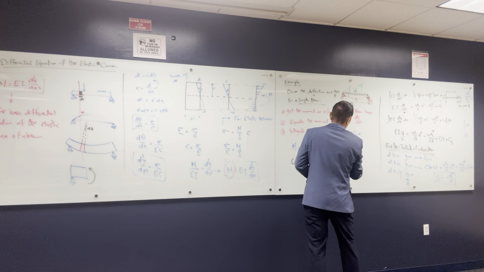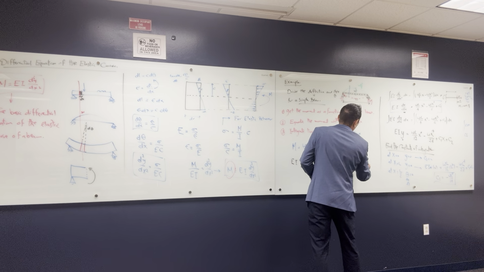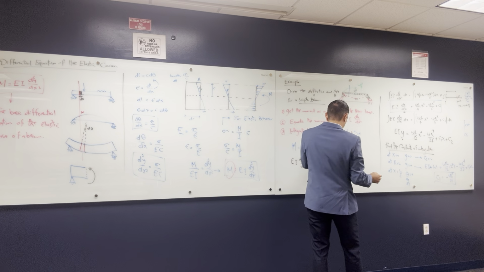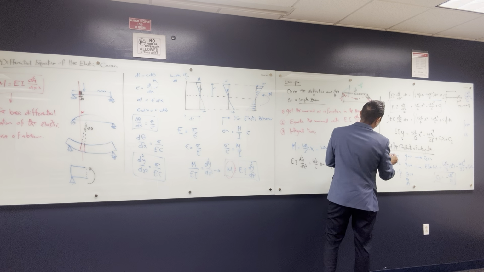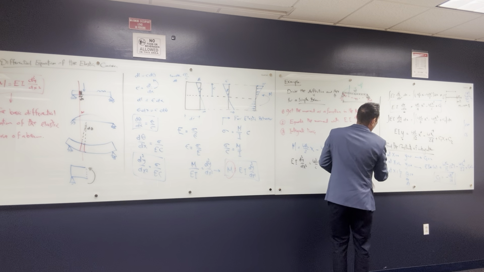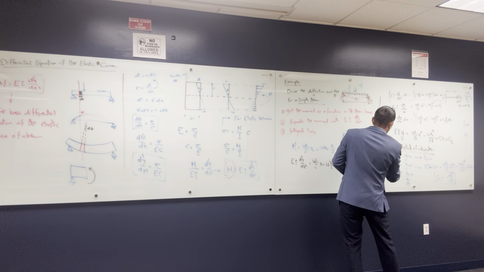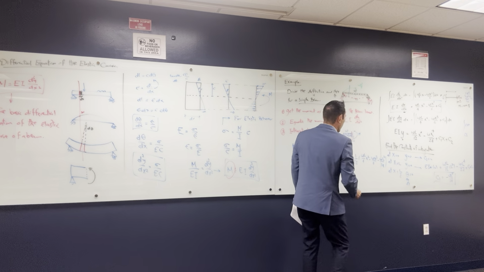So you will find out that theta, which is dy dx, is gonna be equal to 1 over EI multiplied by WL over 4 x squared minus w x cubed over 6, and C1 is w L cubed over 24. That is theta. That's the equation of theta.